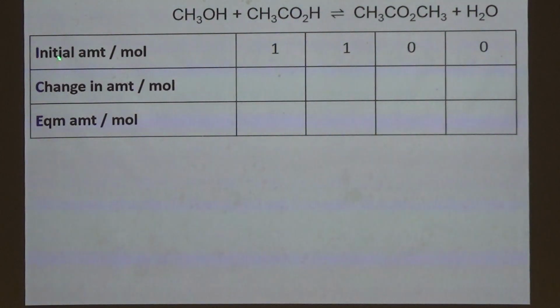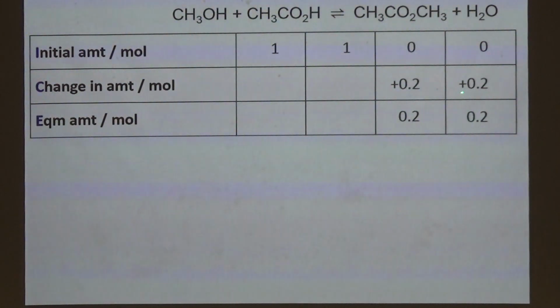For this ICE table that I construct, I look at it in terms of amount first, in terms of moles. 1 mole, 0, 0. At equilibrium, I get 0.2 moles of the ester and 0.2 moles of water. So the change must be plus 0.2, plus 0.2.